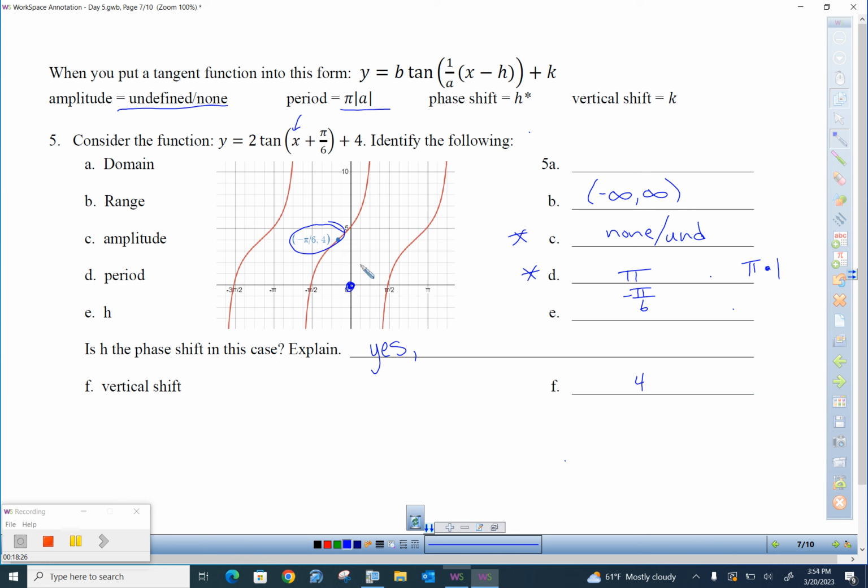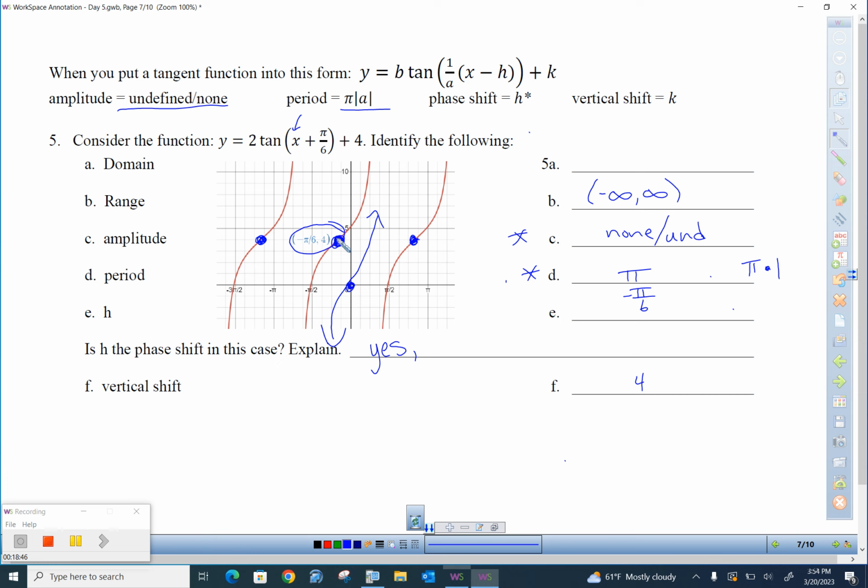Basically, if I'm asking you, is this the phase shift, I'm just asking you, is that the closest point to where the parent function normally is? So this would be an option, and it looks pretty close. The other options are along that same line at 4, here or here. But we want the closest to the original, so yes, that is the phase shift.